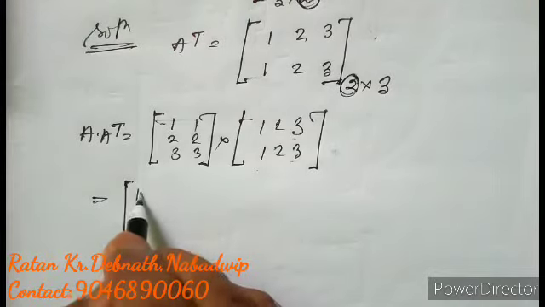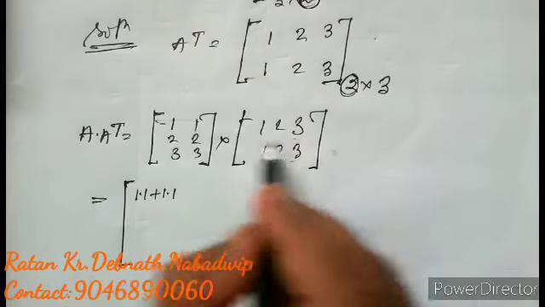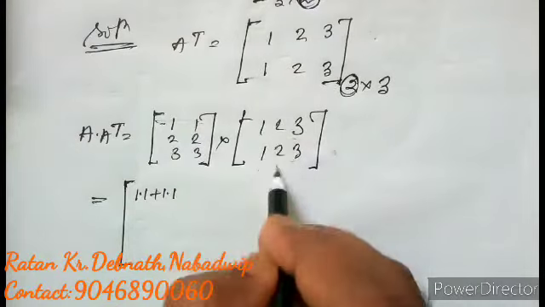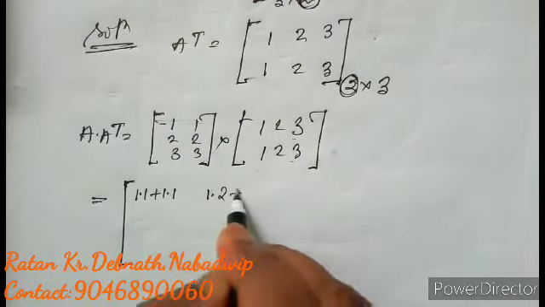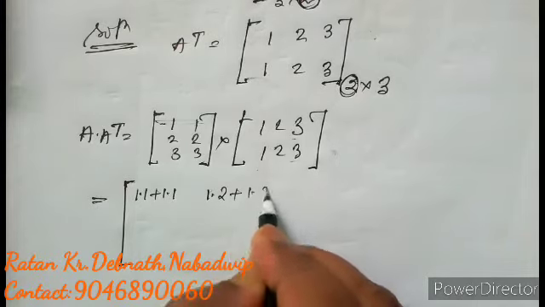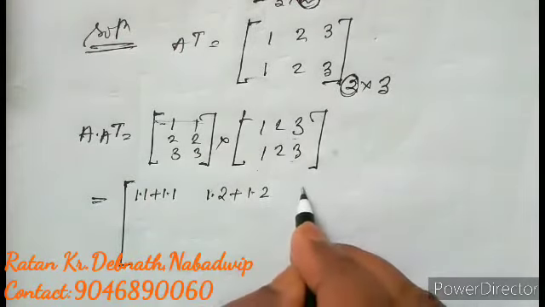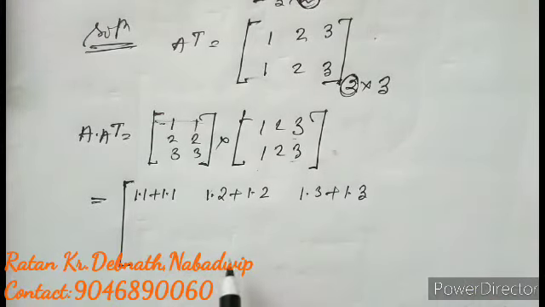So 1 into 1 plus 1 into 1. Second element of the first row, this into this: 1 into 2 plus 1 into 2. Third element, this into this: 1 into 3 plus 1 into 3.